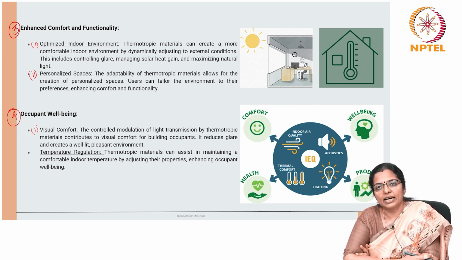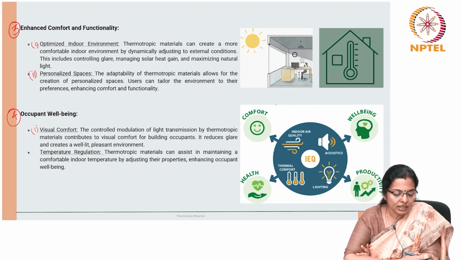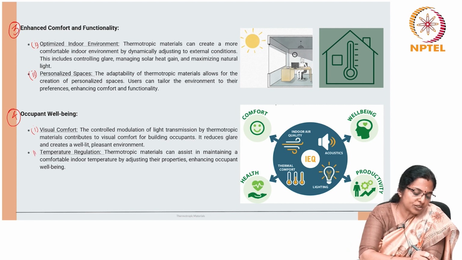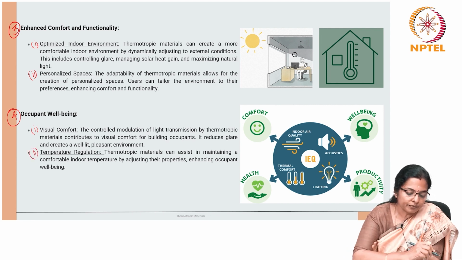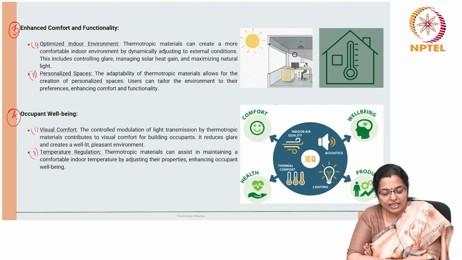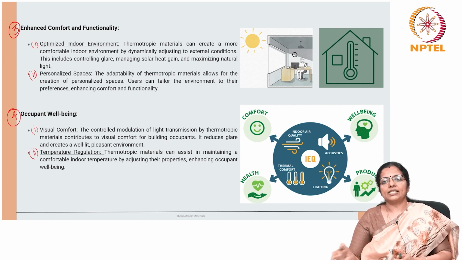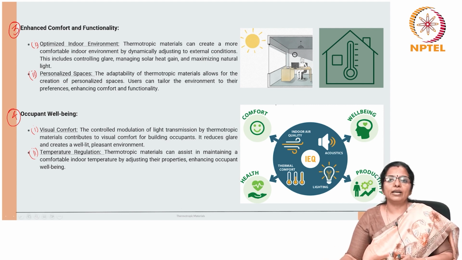It reduces glare and creates a well-lit, pleasant environment. When it comes to temperature regulation, thermotropic materials can assist in maintaining a comfortable indoor temperature by adjusting their properties, enhancing occupant well-being.